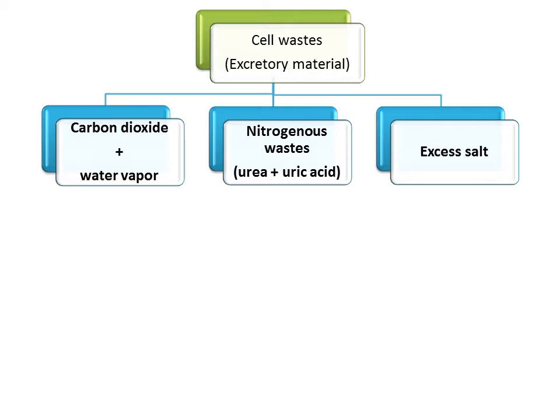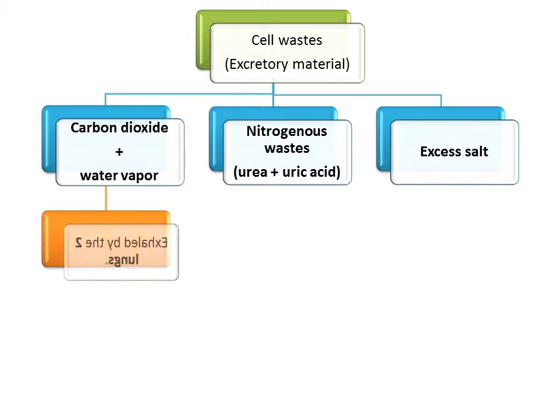So when I have carbon dioxide and water vapor inside my body, which are gases and are harmful for my body, I will exhale them. Exhale means remove. So I will exhale them by the 2 lungs.